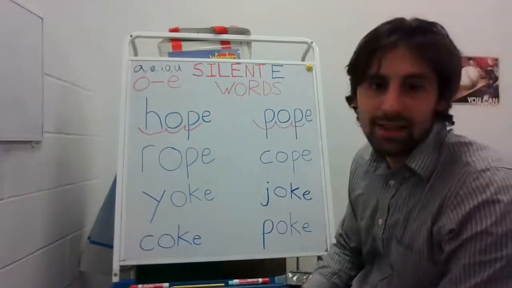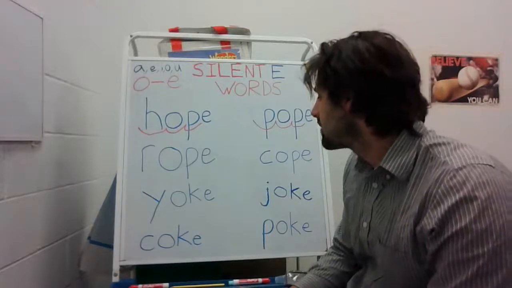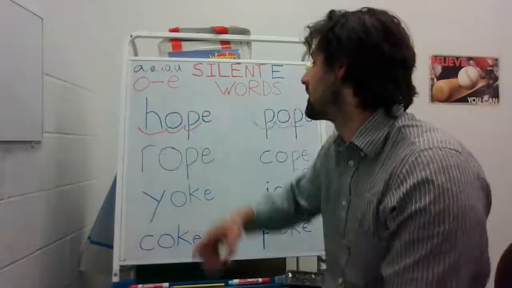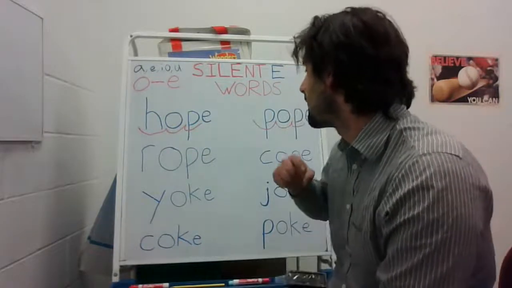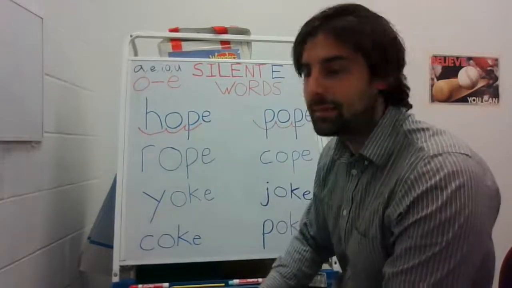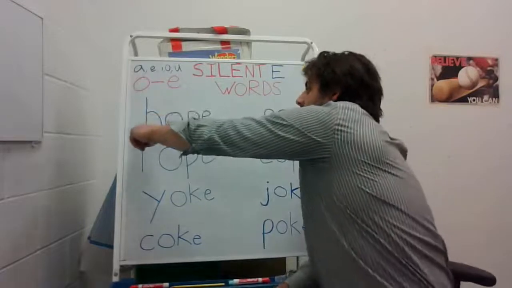So I'm going to say each sound, and then I am going to say the whole word. Now, all of these silent E words have the letter O in them. We can call them OE words because they have the letter O in them. And in all of these words, the letter E makes the letter O say its name. So here we go. I'm going to say each sound and then the whole word. Ready?